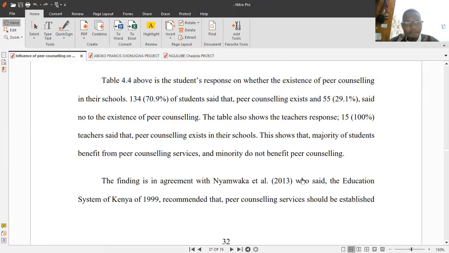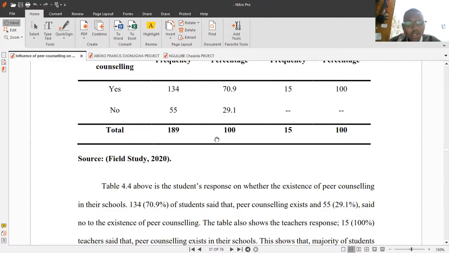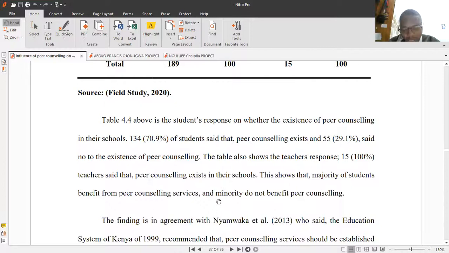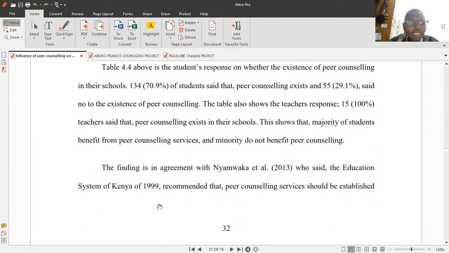It means that in schools there is peer counseling. So the existence of the counseling service in schools is in agreement with the education system of Kenya of 1999, which recommended that there should be peer counseling in schools. So it is just supporting my study.